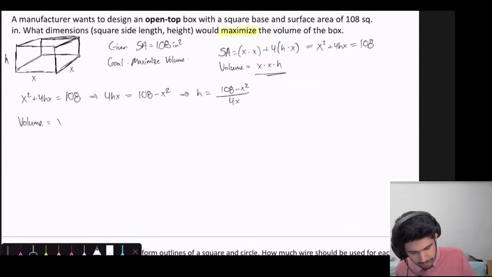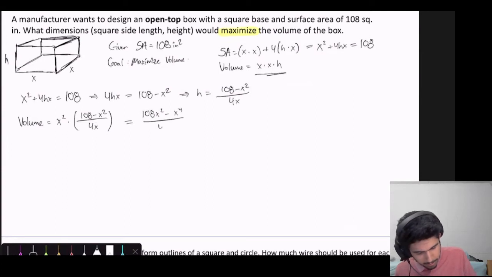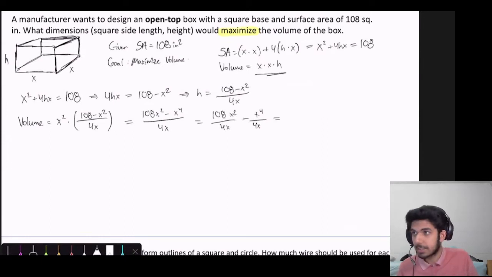Volume is equal to x squared times this 108 minus x squared, all of this over 4x. So that's 108x squared minus x to the fourth, all of this over 4x. Now we can simplify it just a tad, just by separating the fraction. And this is equal to 27x minus 1/4 x cubed.